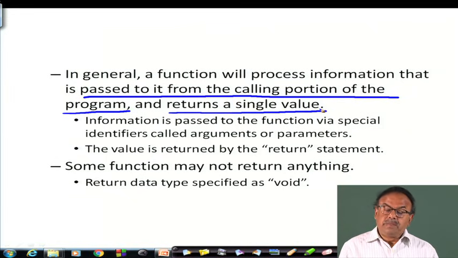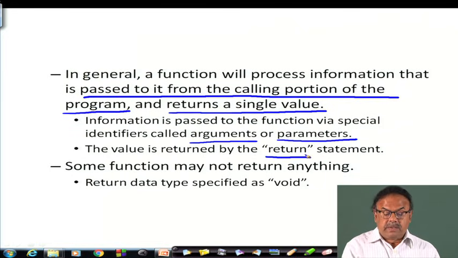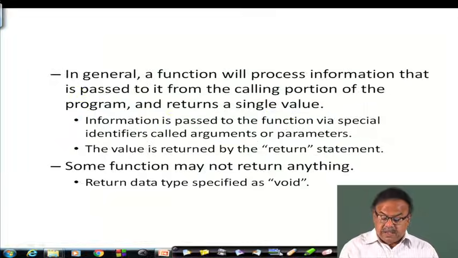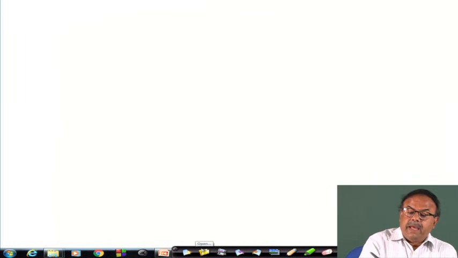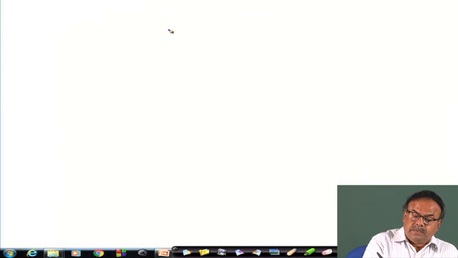So, what are these points? Information is passed via special identifiers called arguments and parameters, and the value that is returned by the return statement. Some functions do not return anything. For example, let us say this. Say I am writing a function, say my function.